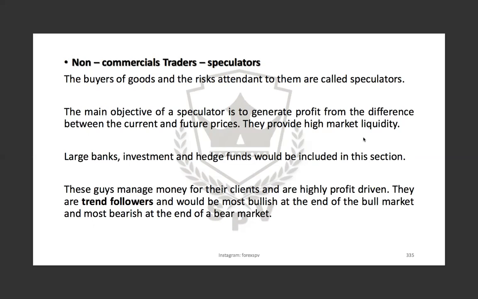So when you see the market is buying, that means the large speculators are in buys. If the market is selling, the large speculators are in sales. So we have the large banks, the investment and hedge funds. These guys usually manage money from their clients and are highly profit driven. They are trend followers, and they will be most bullish at the end of the bull, most bearish at the end of the bear.